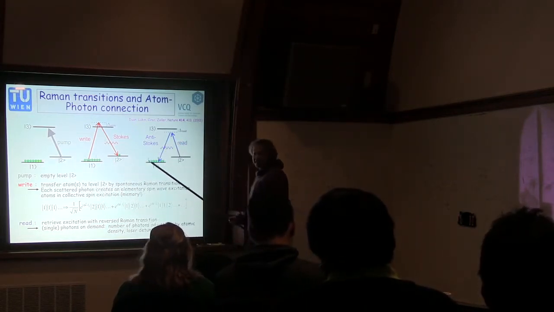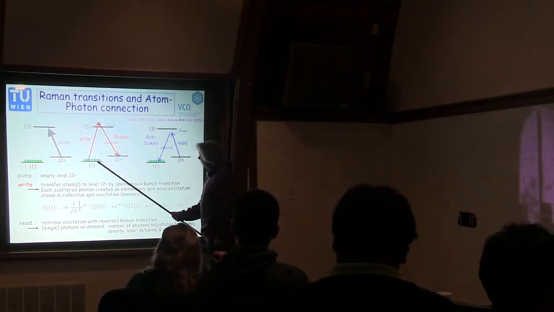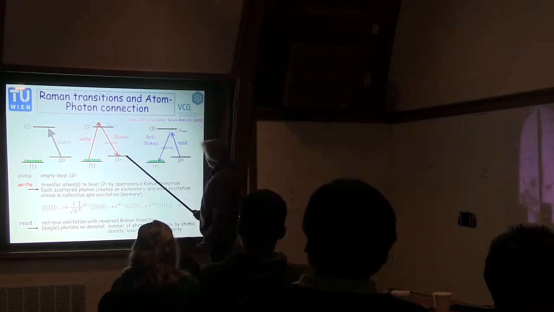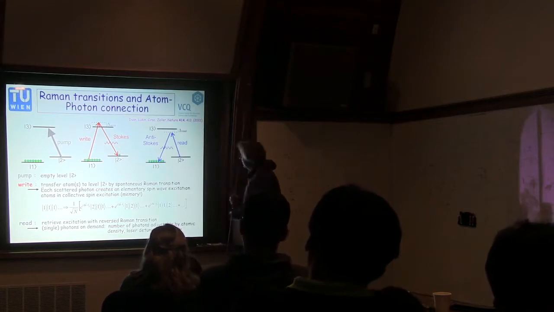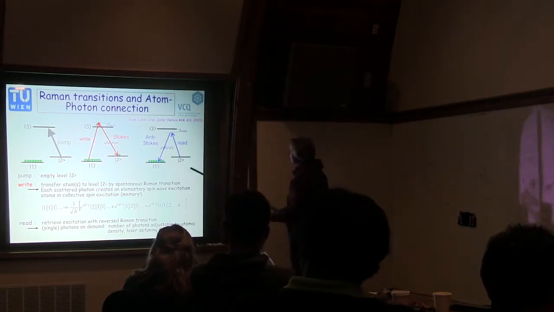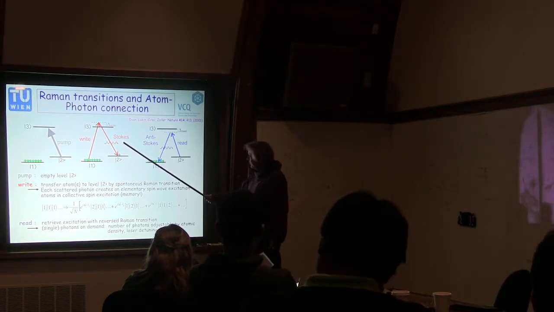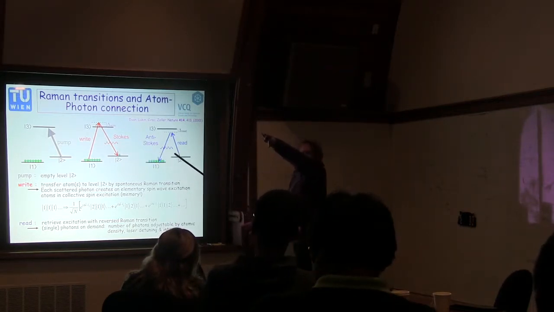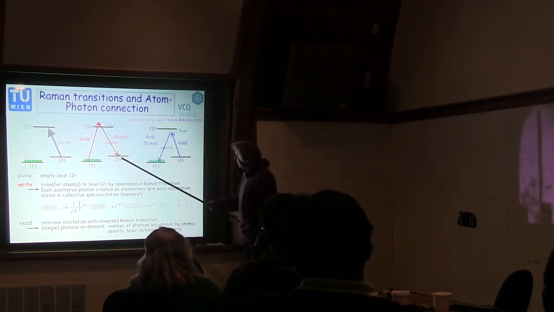To write an excitation into the system, you send in a light pulse that, with some probability, brings one excitation over to state 2, and that is heralded by the emission of a photon, a Stokes photon. The Stokes photon is the one that I can send somewhere else. It tells me that I've created one excitation.